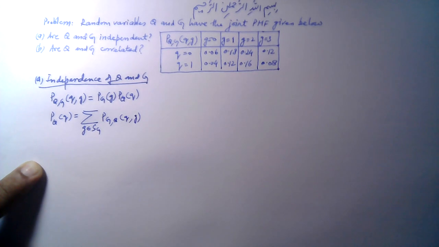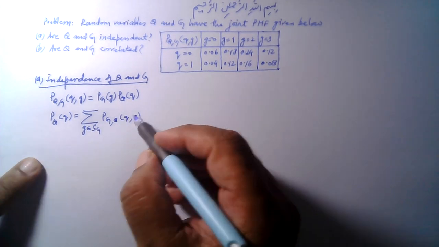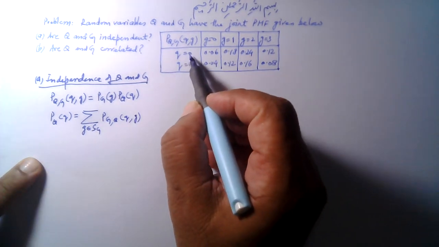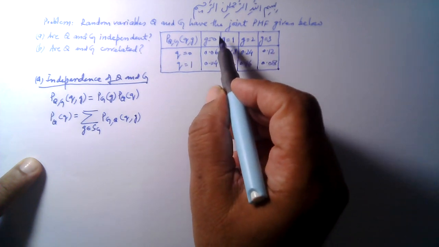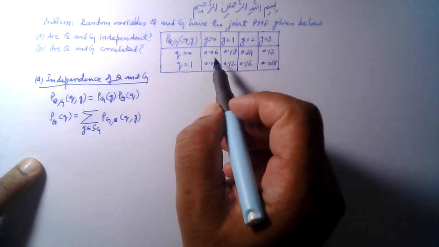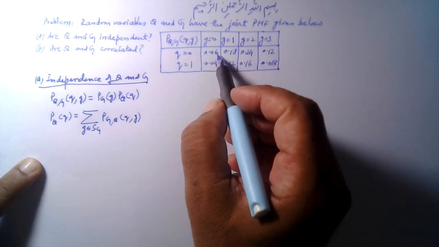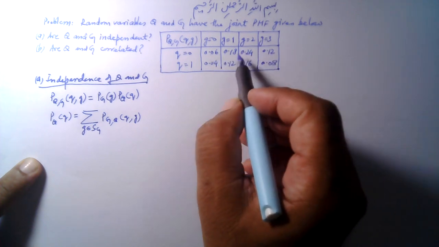What it means is, for a given value of random variable Q, for example Q is equal to 0, we will sum all the values of the probabilities corresponding to random variable G here. So in other words, we will sum these values of the probabilities in this row here.